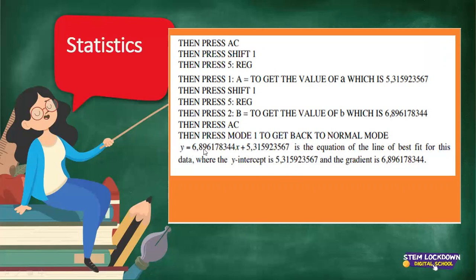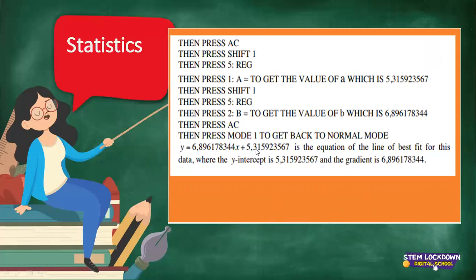So y equals 6,896,1783,44x plus 5,3159,23567, called the equation of regression. Okay. So this equation is called the equation of regression, or the line of best fit.